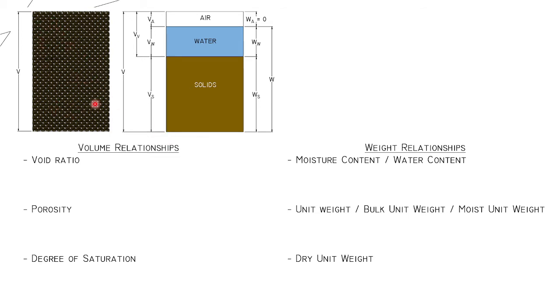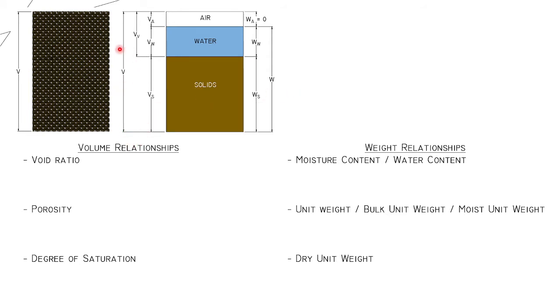We have here the soil sample. So we all know that the soil consists of three phases, which are the solids, the water, and the air. And let us separate those three. So this is what it would look like if we would separate those.